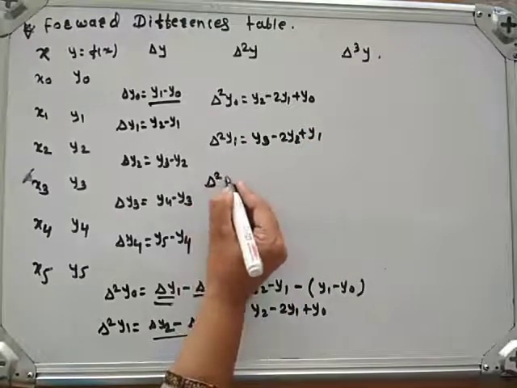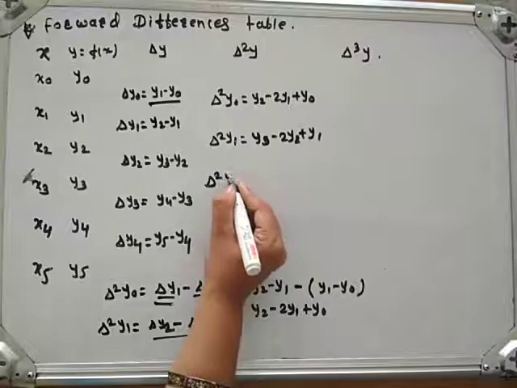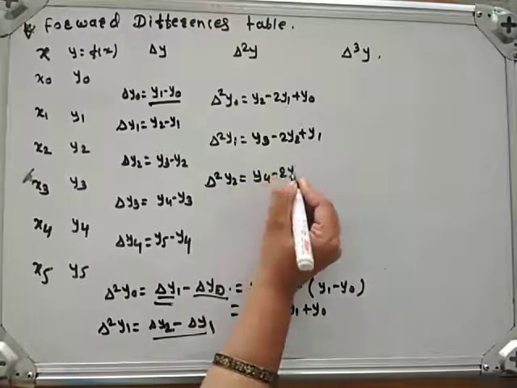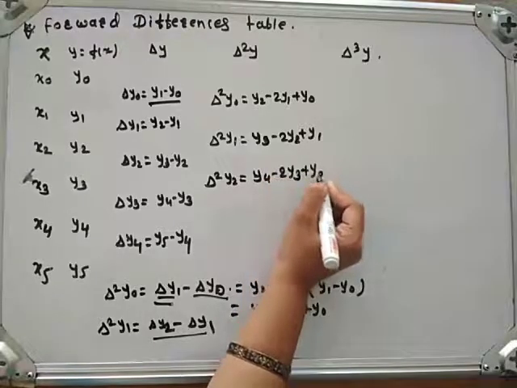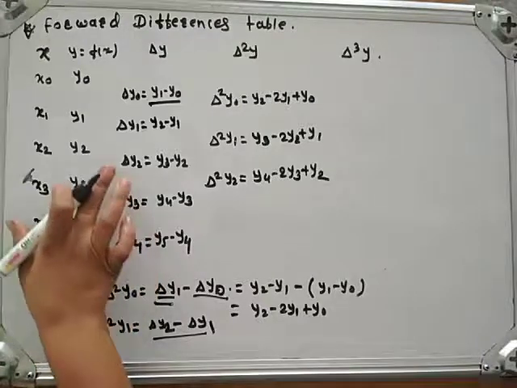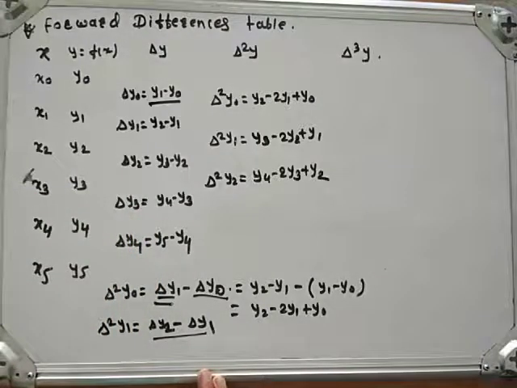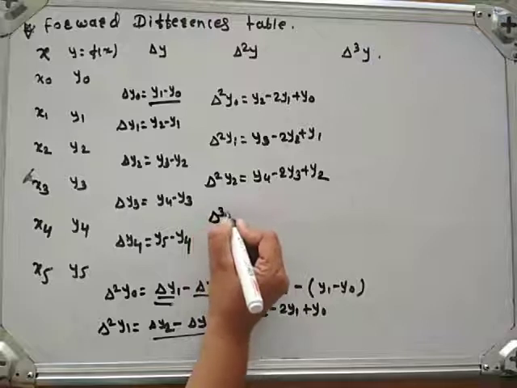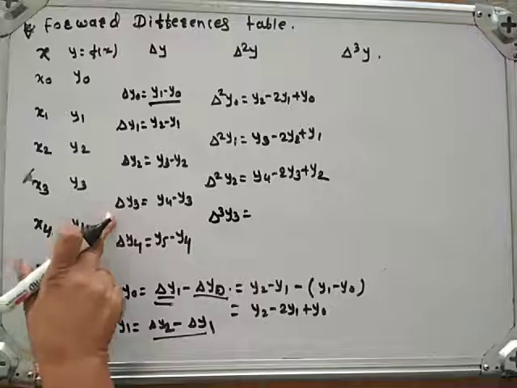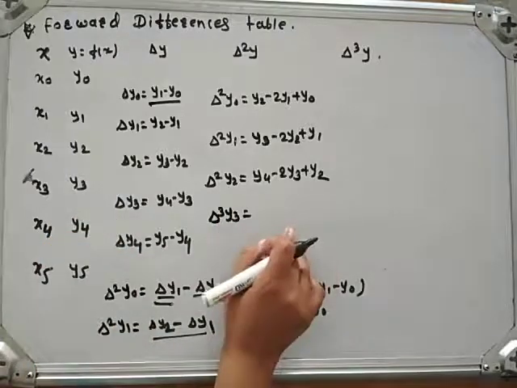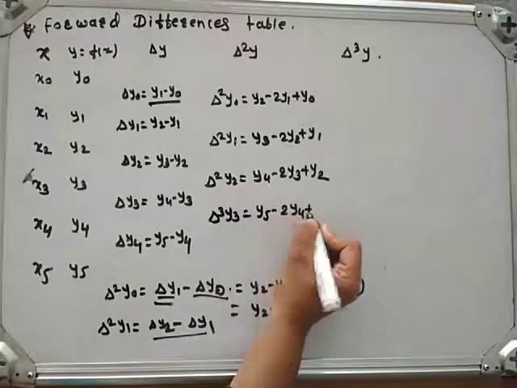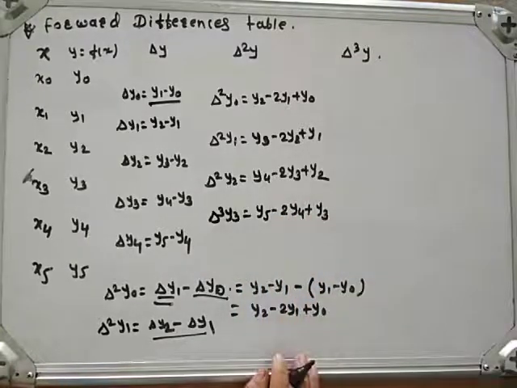Next is delta square y2, which is y4 minus 2y3 plus y2, the difference of delta y3 and delta y2. And delta square y3 is equal to delta y4 minus delta y3. Simplifying that, we get y5 minus 2y4 plus y3.